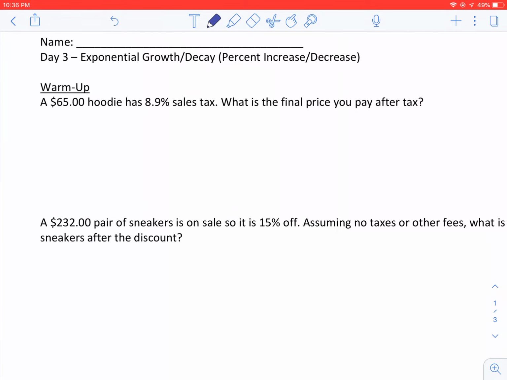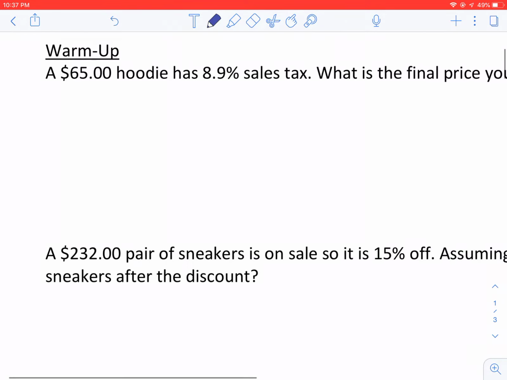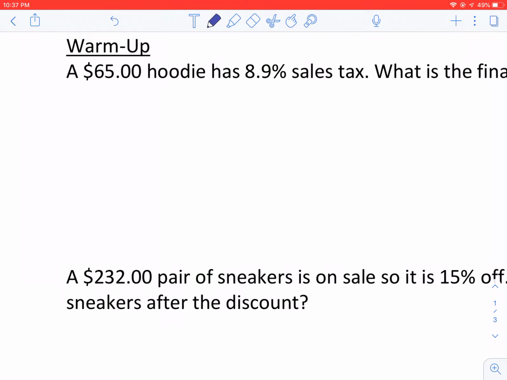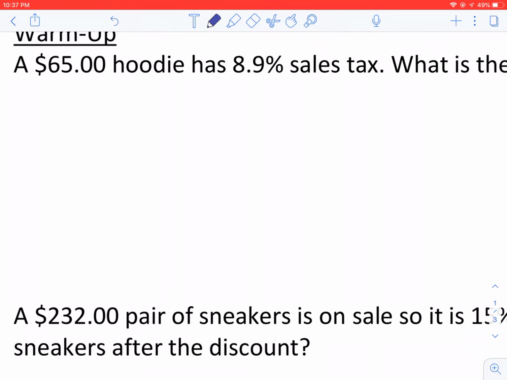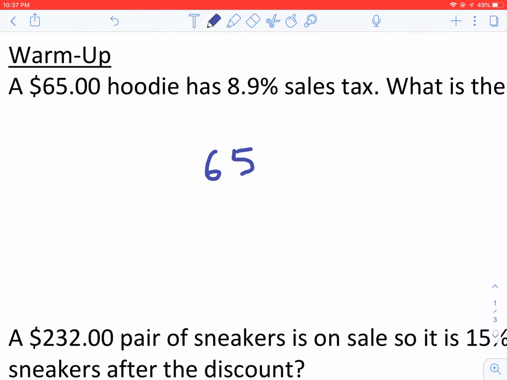Alright, so hopefully you have tried these. I'm sure you can all do this, but it's the way you do it that I'm interested in. So if you are like my Algebra 1 kids, what they'd probably do is find the amount of tax there is. So they would take 8.9% of 65.